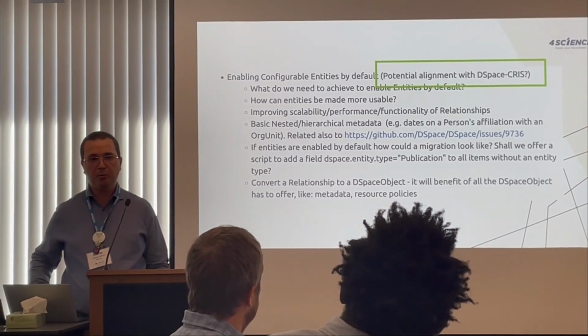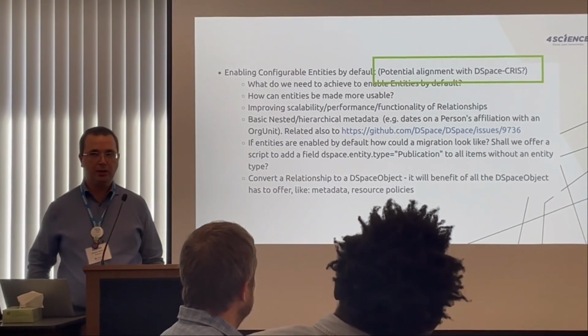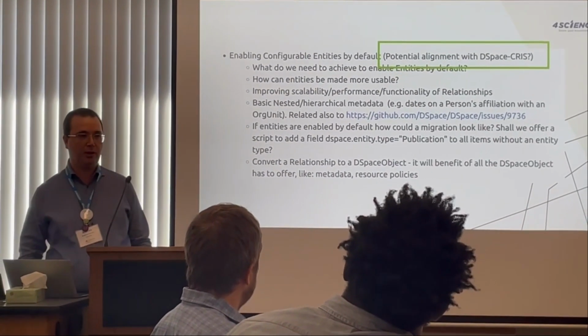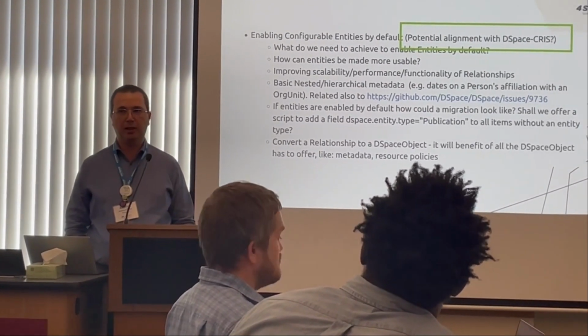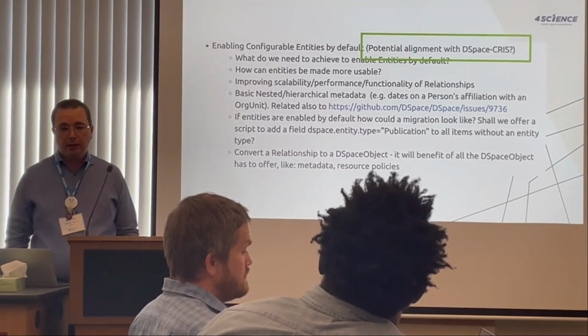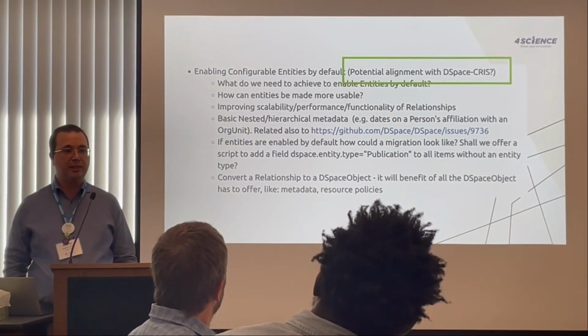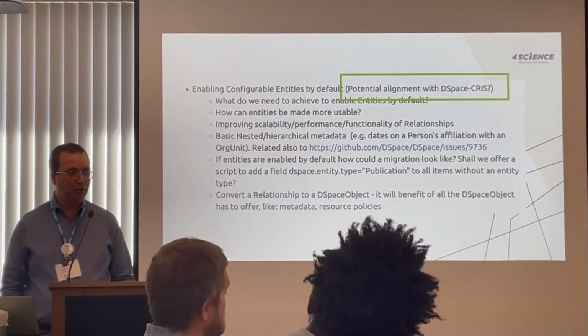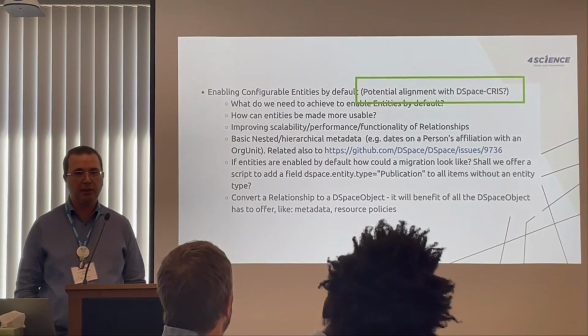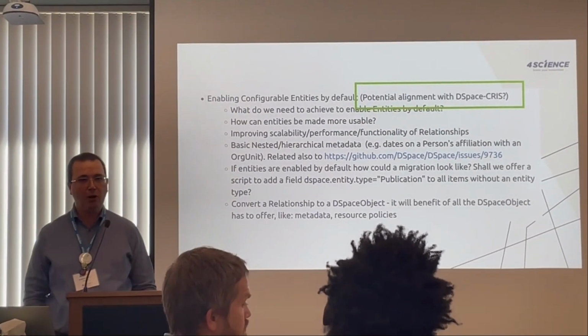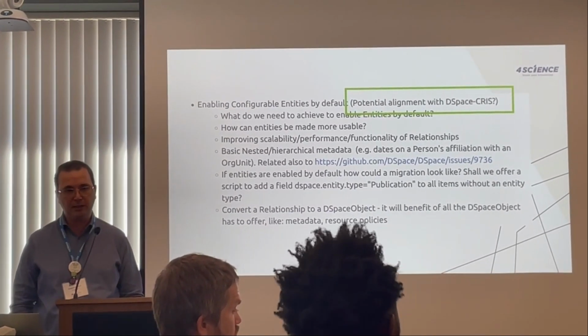But configurable entities are not enabled by default in DSpace 7 nor in DSpace 8. And honestly, there are good reasons why they are not enabled by default. The developers decided it was not ready to be enabled by everyone. It was not ready in terms of documentation, nor in terms of all the features that exist around it.